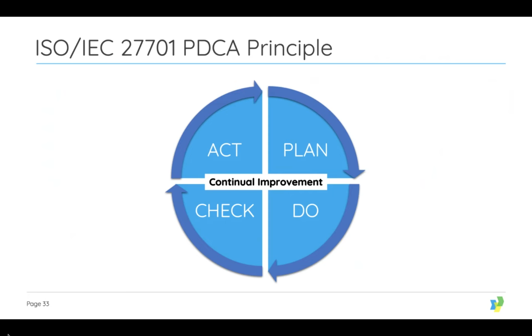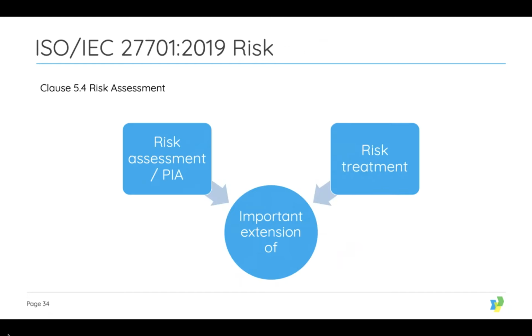The planning is really, really important, because if we don't collect all our data, if we don't collect all our information, the planning is incorrect, we don't know what is there in our environment, we will not be able to do the doing part, which is doing the PIA, right? Implementing the controls. If your planning is incorrect, your implementation goes incorrect. If your implementation goes incorrect, your checking or monitoring goes incorrect, and you will not be able to act. You will not be able to comply with your privacy compliance requirements.